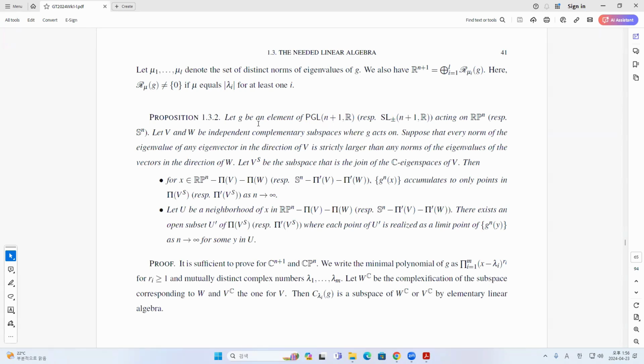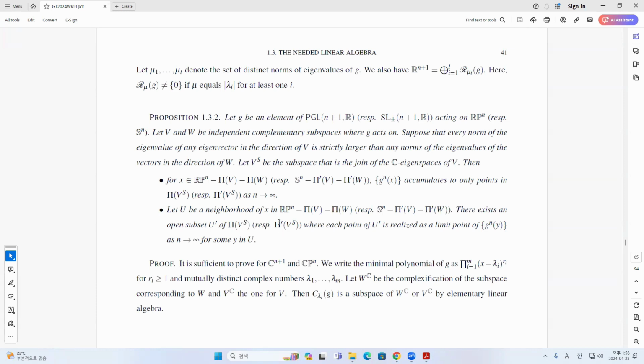So an application of this is that if you have a G in here, and V and W are some complementary subspaces, and every norm of eigenvalue in the direction of V is stronger than any norm of eigenvalue in the direction of W, and the subspace is the join of the eigenvalues of C, then if you take any general point in the complement, it accumulates only to this eigenvalue space as n goes to infinity.